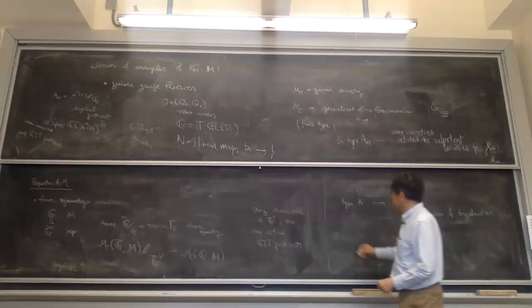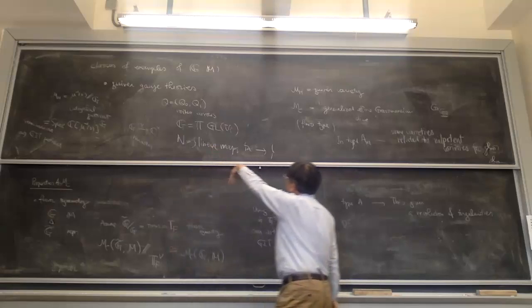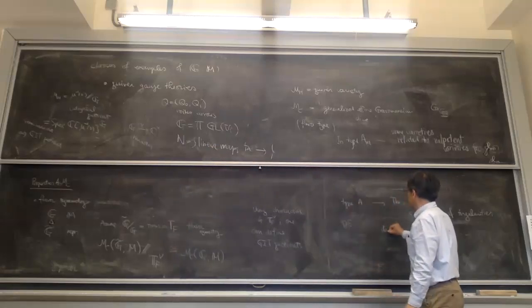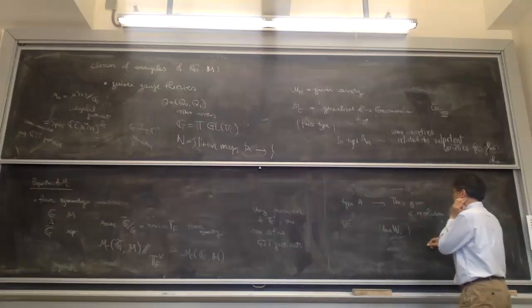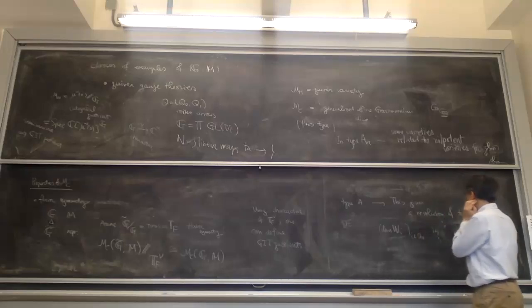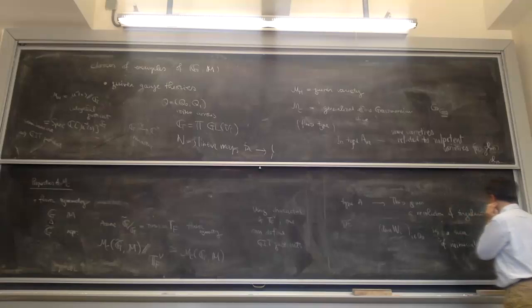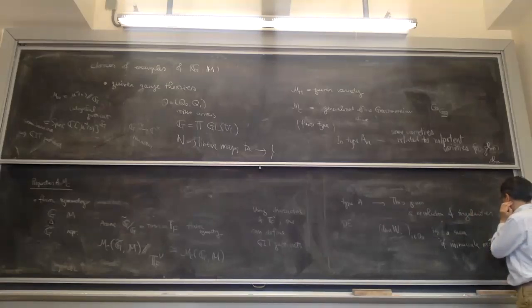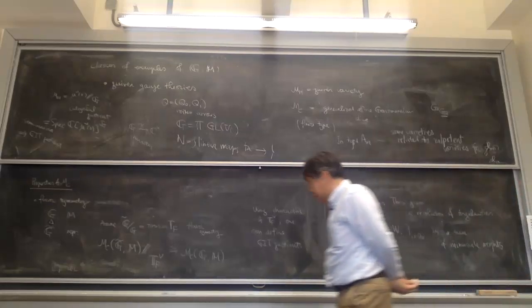But in general, for type D and E, if you have two vector spaces, and the dimension vector W is the so-called sum of minuscule weights. What does it mean?